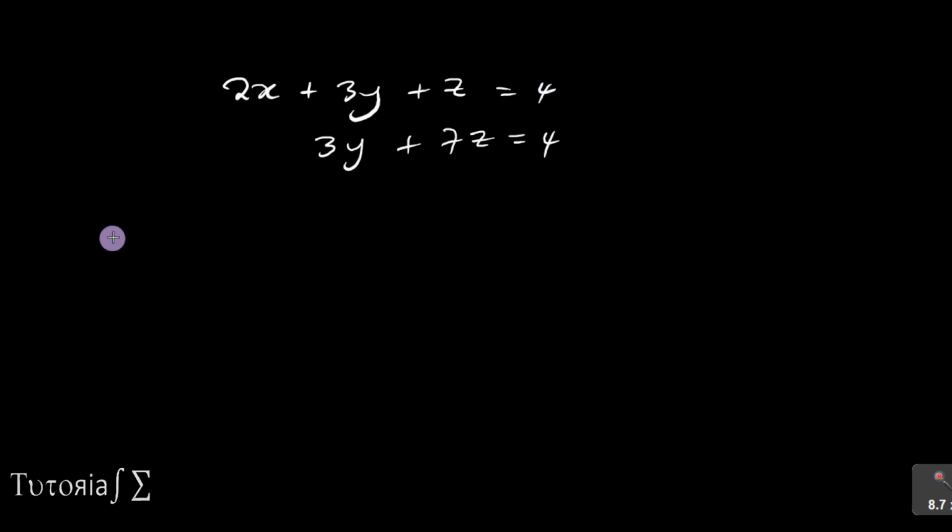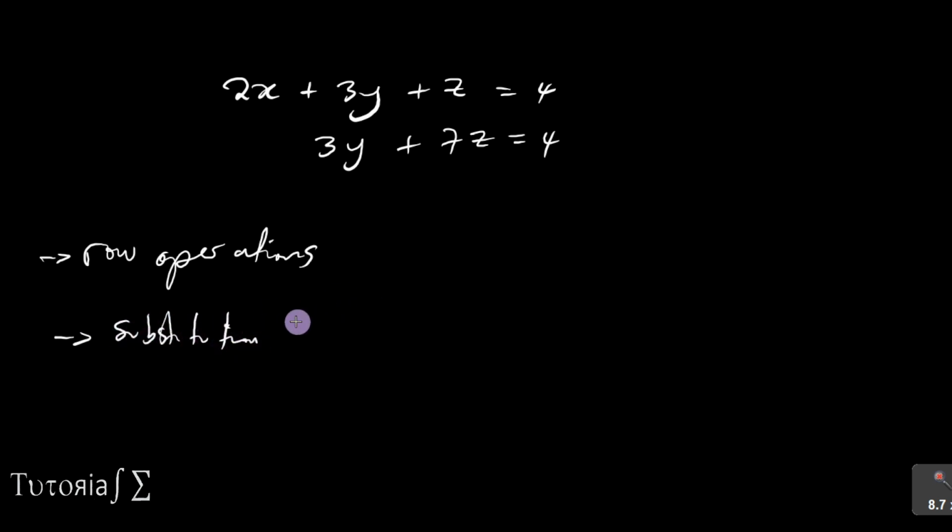So we can use row operations, which I feel are the easiest. Then we can use the substitution method. This is the normal substitution that we use.